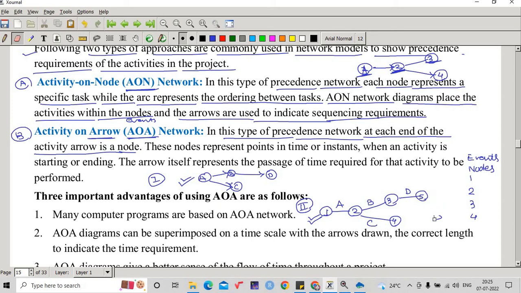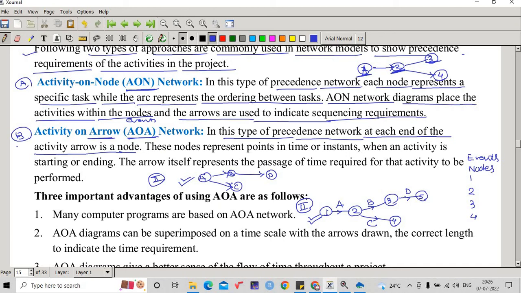They are similar. Only the approach to note down the activities is different. In the first, the activity is mentioned in the nodes or at events, and in the second diagram activities are mentioned on arrows. So this is the difference between the AON and AOA network.